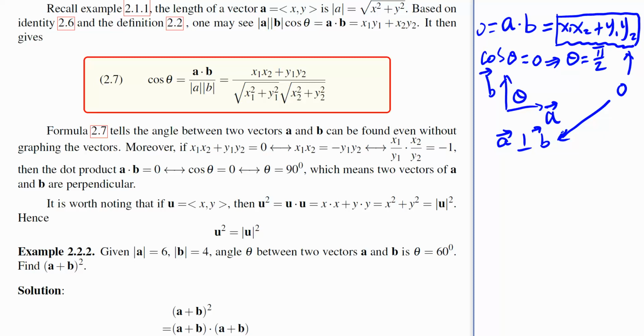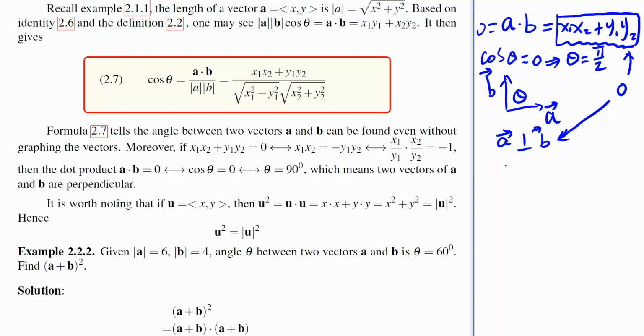That's a very good thing to see if we want to check if two vectors are perpendicular, even without drawing the vectors.